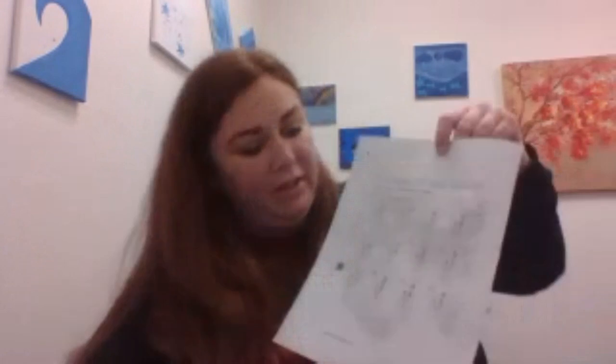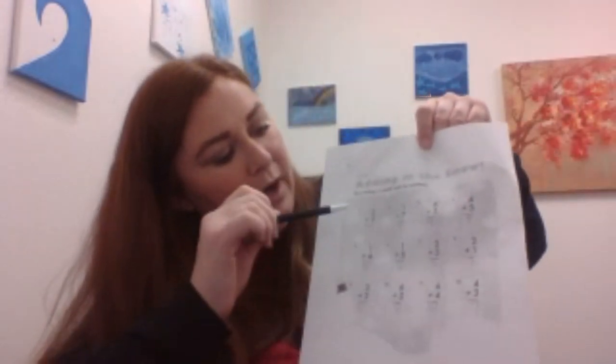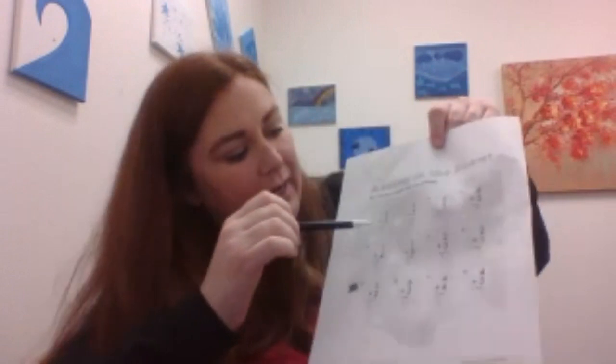So what's our answer? 7. Good job. Okay, so right here we got 7, which is 4 plus 3 equals 7. Or up here at the top, we got 7, and it's 5 plus 2 equals 7. So do you see that there's different ways that you can get the same numbers? It's just all about adding it.